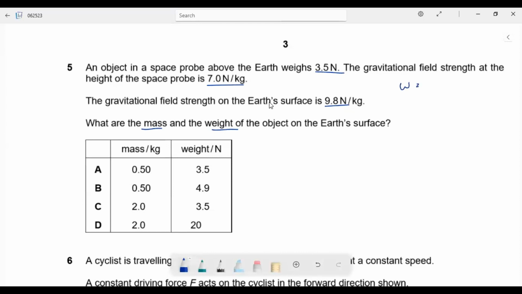So weight is mg. The mass of a substance is constant. And here we have two values of gravity. On Earth's surface, it is 9.8. And at the height of the space probe, that is 7 Newton per kg.